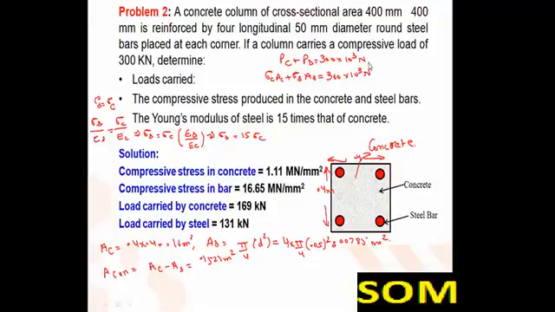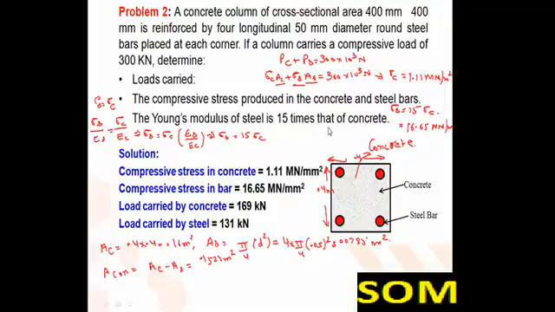Now, if we substitute the value of sigma S in terms of sigma C, with AC and AS, we will get the value of sigma C from this equation. It comes out to be 1.1 meganewton per meter square. Now sigma steel is 15 times sigma C. So this value is 15 times 1.1 meganewton per meter square, which is 16.65 meganewton per meter square.